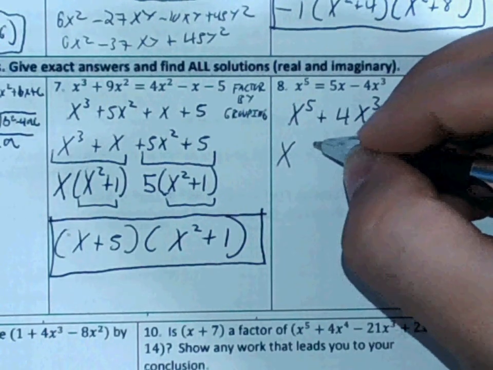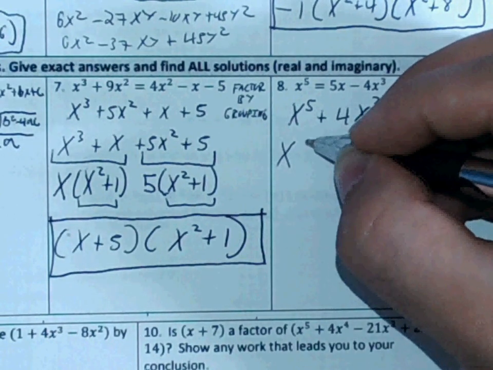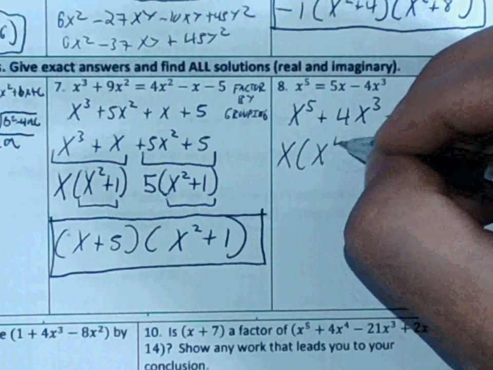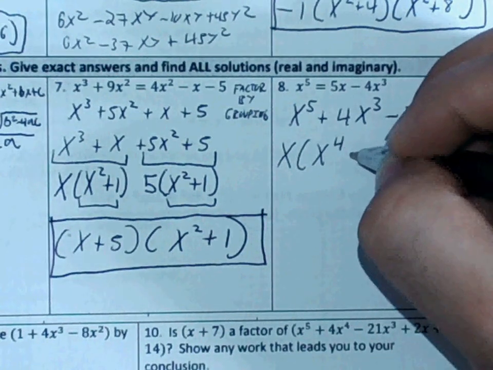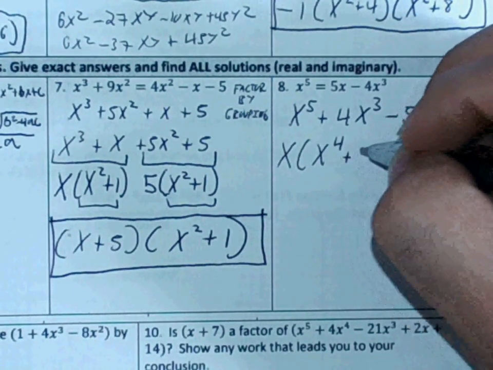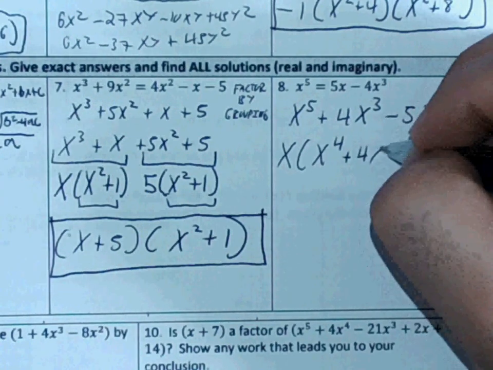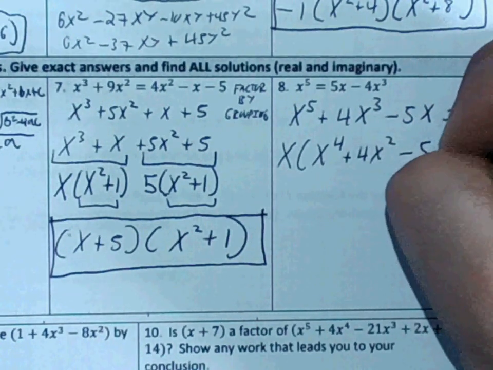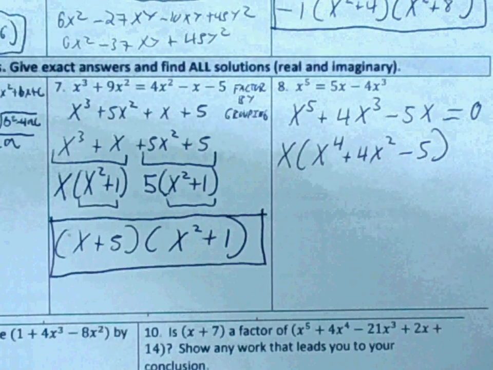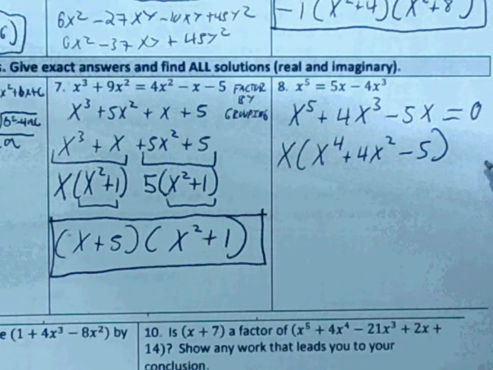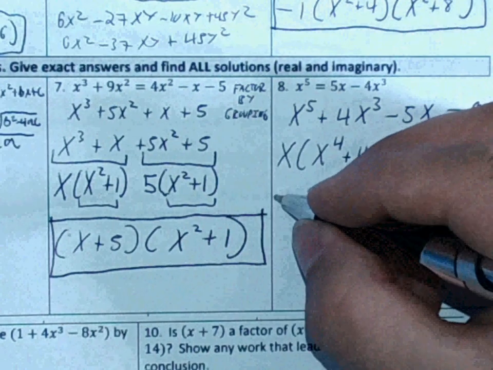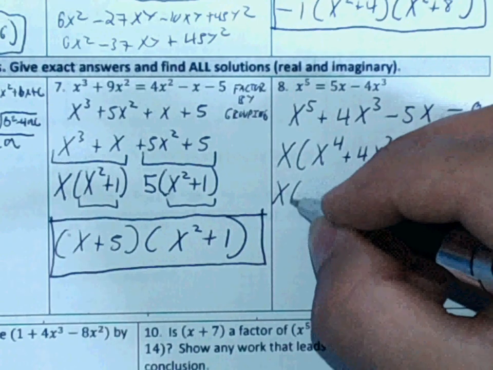If you can factor anything out of the whole thing, do it. X times x to the 4th plus 4x squared minus 5. And so this takes the quadratic form where I need to have two values.